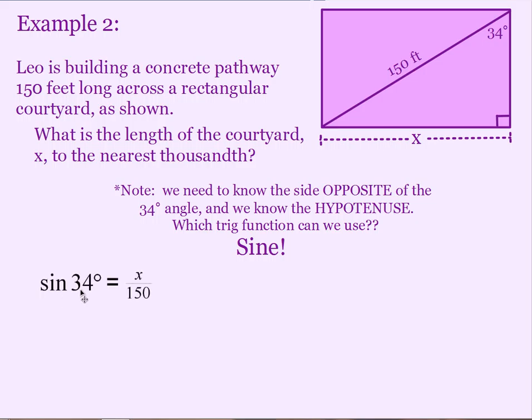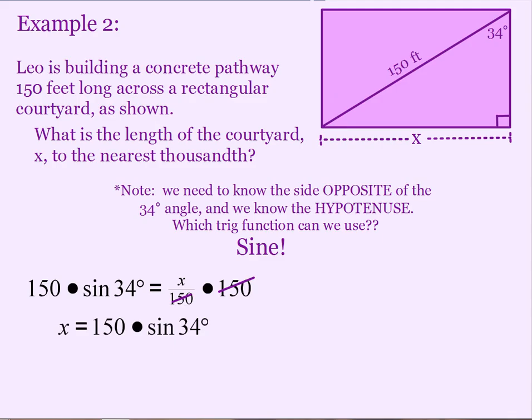The sine of the 34-degree angle is x over 150. To get x by itself, I have to times both sides by 150. So x is going to be 150 times the sine of 34 degrees.